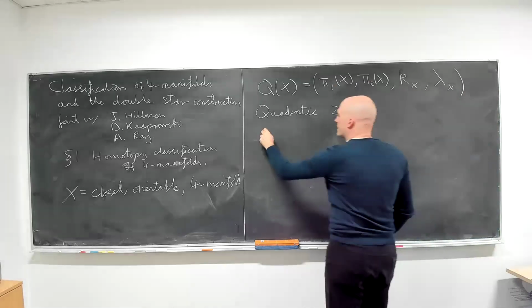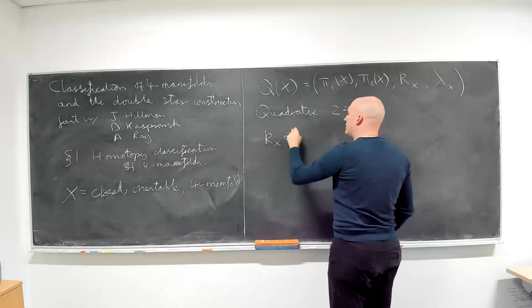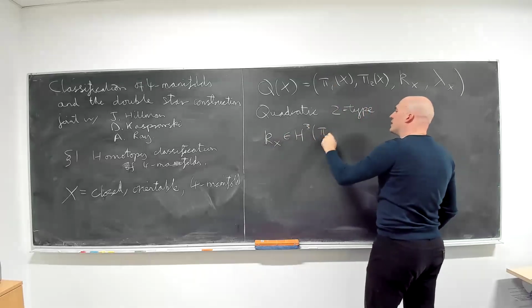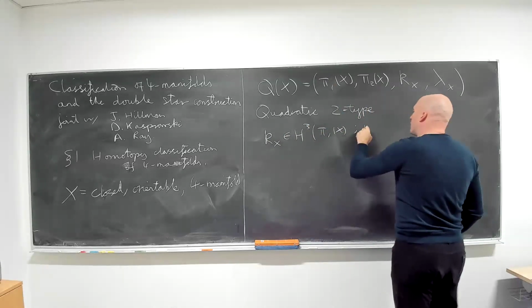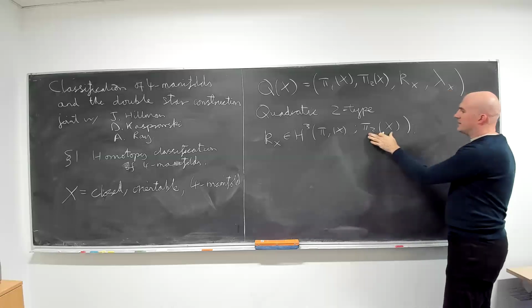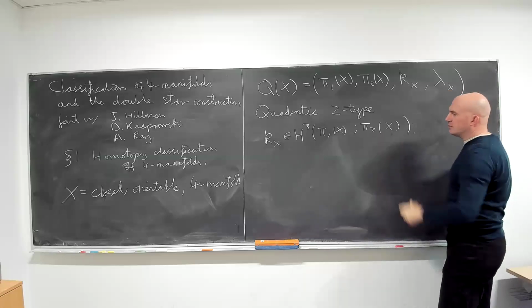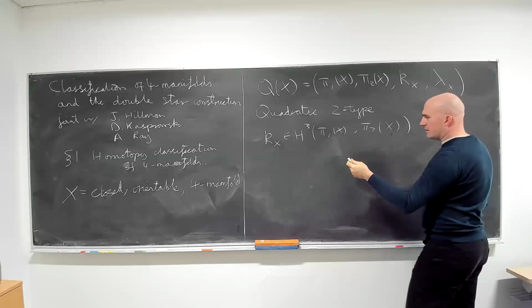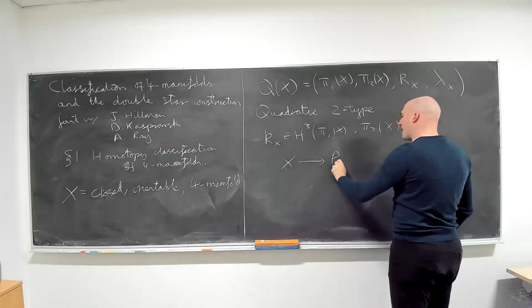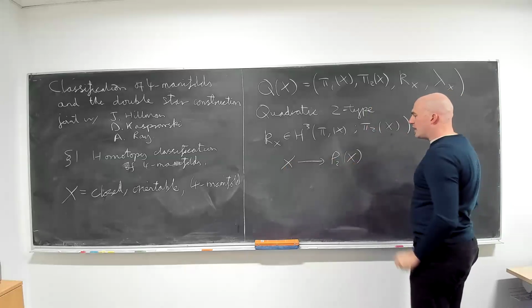So the k-invariant k_X is an element of the third homology of pi_1 of X with coefficients in pi_2 of X, thinking of this as a Z[pi_1 of X]-module. The idea is, we have a space X, and it comes with a map to its Postnikov 2-type.